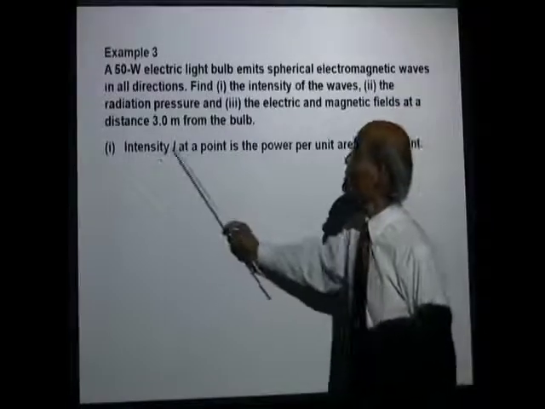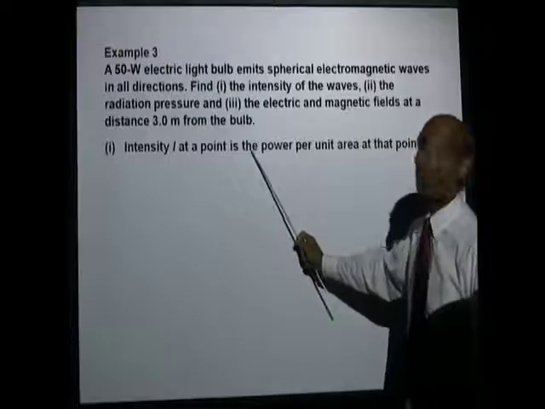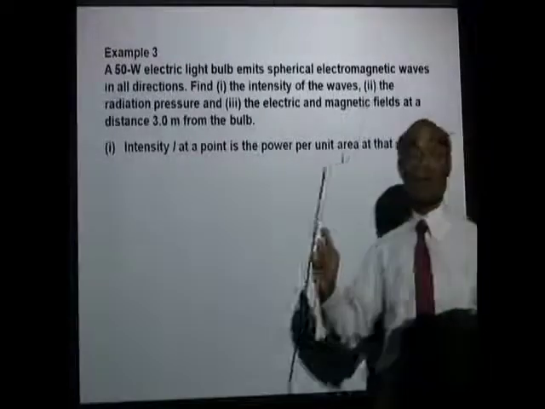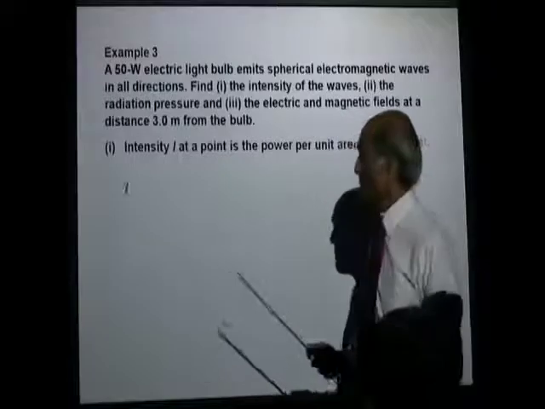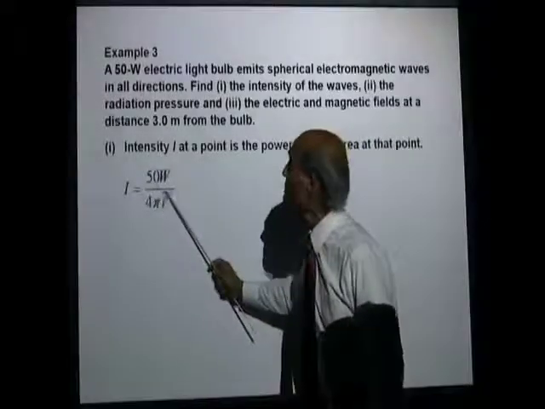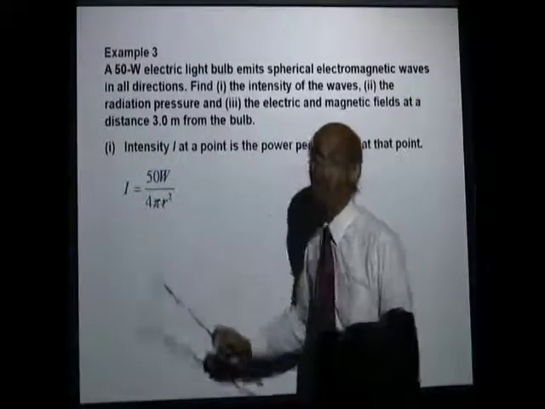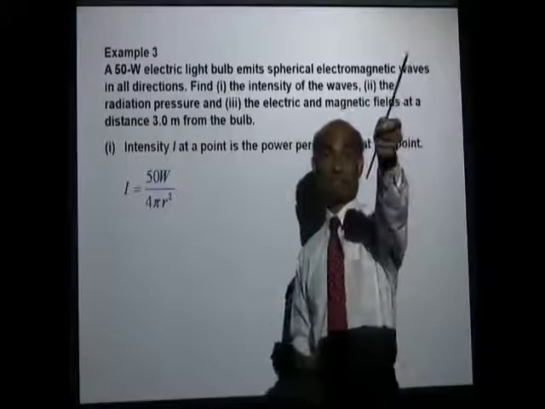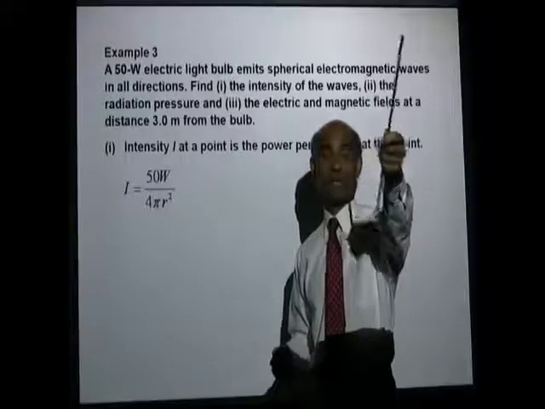Well, the intensity I at a point is a measure of the power per unit area at that point. Is that right? So, I equal to 50 watt divided by 4 pi r squared. The bulb is about 3 meters from there.